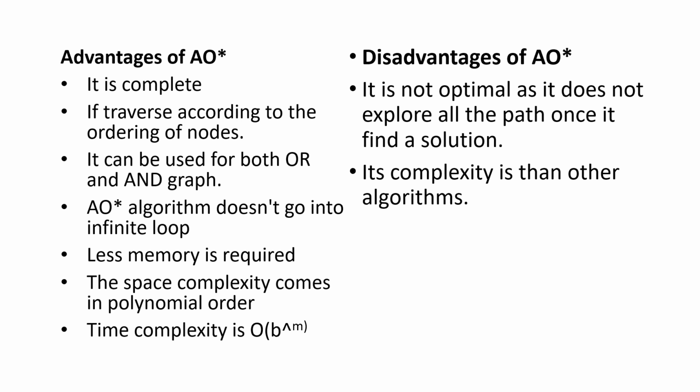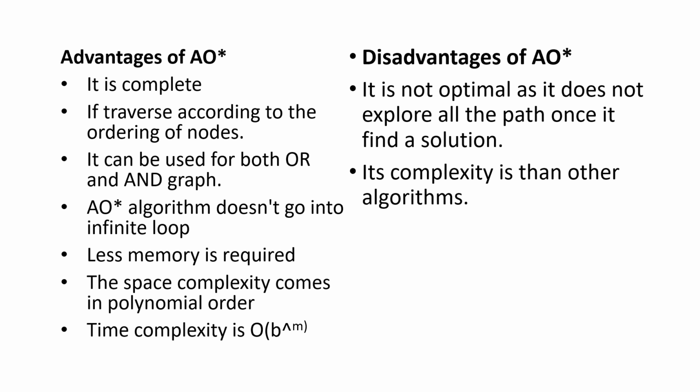For an AND node, all subproblems must be solved. For cooking a dish, we have to buy vegetables, prepare the curry, and add some salt and masala and all. So all steps are mandatory. We can say that an OR arc means choose one, and an AND arc means solve all.